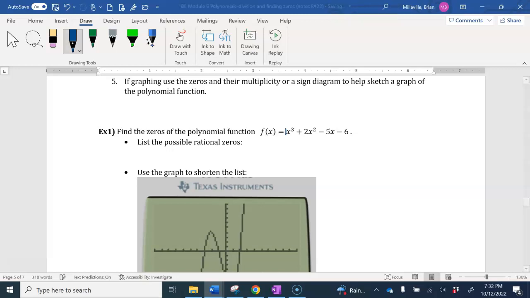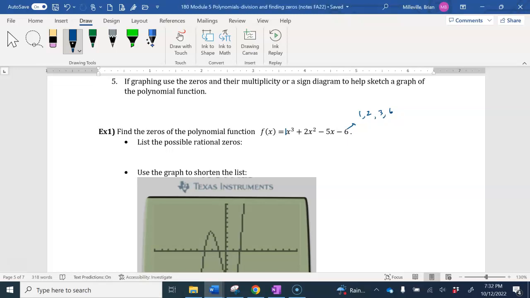The coefficient of x cubed is 1. Our constant term is -6. The factors of negative 6 would be 1, 2, 3, and 6. Those are the only numbers that are factors of 6.